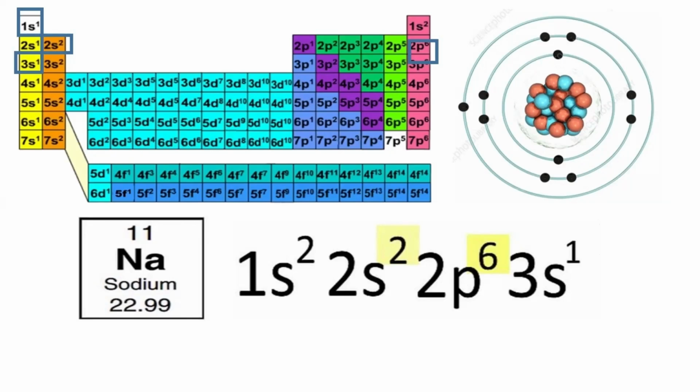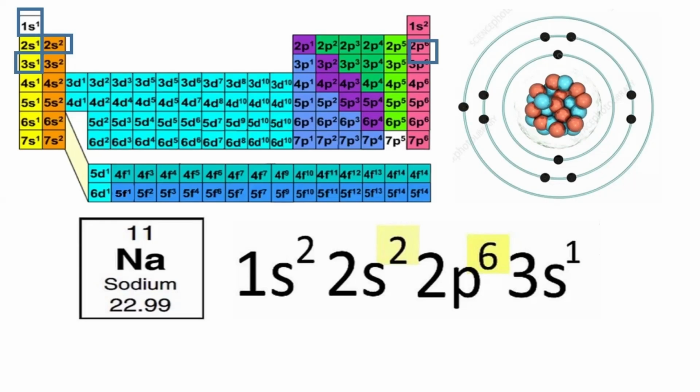The third energy level can have 3 subshells, but only 1 electron is remaining. Therefore, it goes to the S subshell and forms 3s1. So that's how the electronic configuration of the sodium atom is arranged. This notation helps us understand the arrangement of electrons in sodium and its chemical behavior.